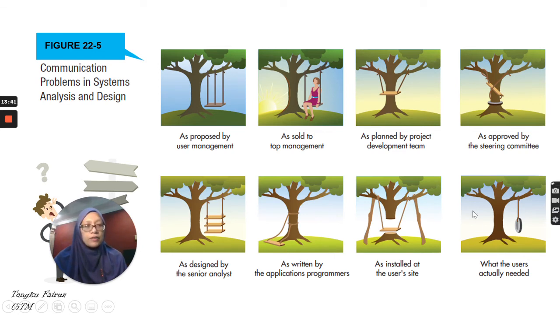Actually the users needs is this one. So this is the critical part of the system requirements and the information needs in system analysis, so that when they build the system, they will meet the users needs. So the users can use it at the end of the development, when they implement the new system.